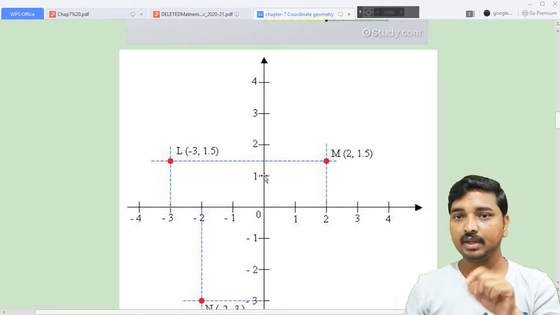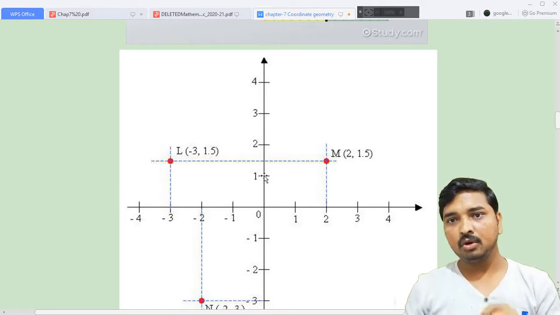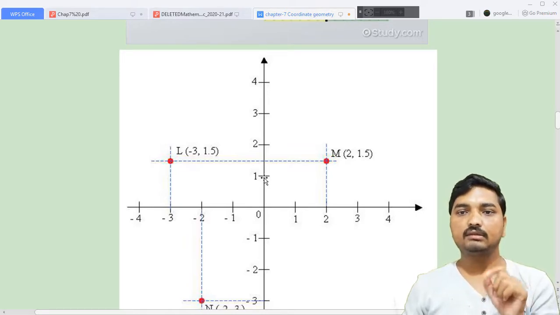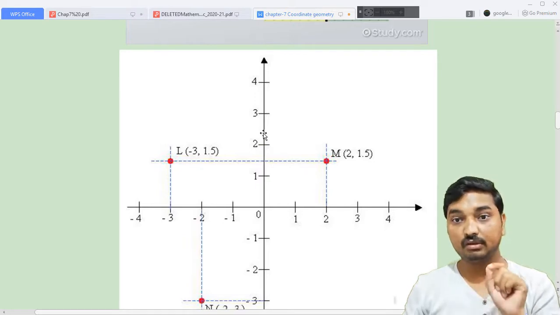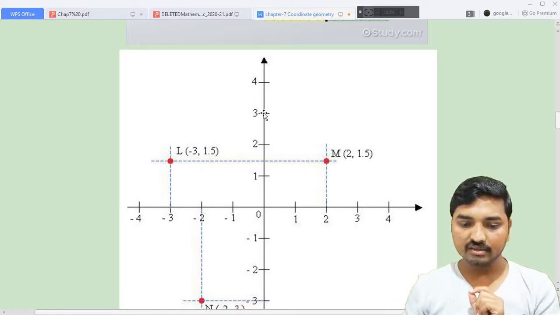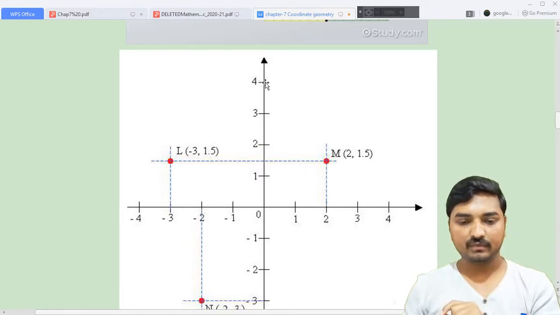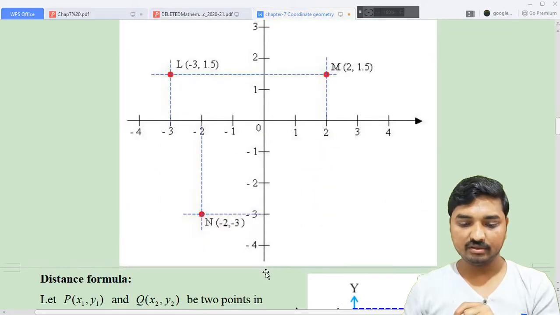0 comma 1 means on the y-axis only the y coordinate is present, the x coordinate is absent, in the sense it is 0. Remember, very important thing. So coordinates of this point 0 comma 2, of this point 0 comma 3, of this point 0 comma 4, and in the same sense on the negative axis 0 comma minus 1, 0 comma minus 2, 0 comma minus 3, 0 comma minus 4, like that.